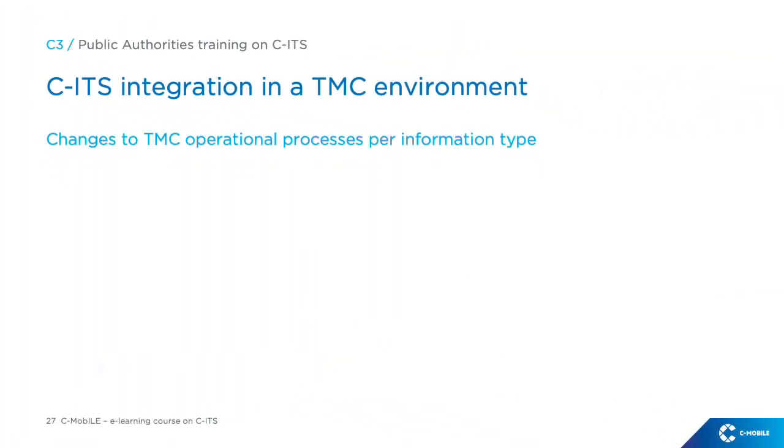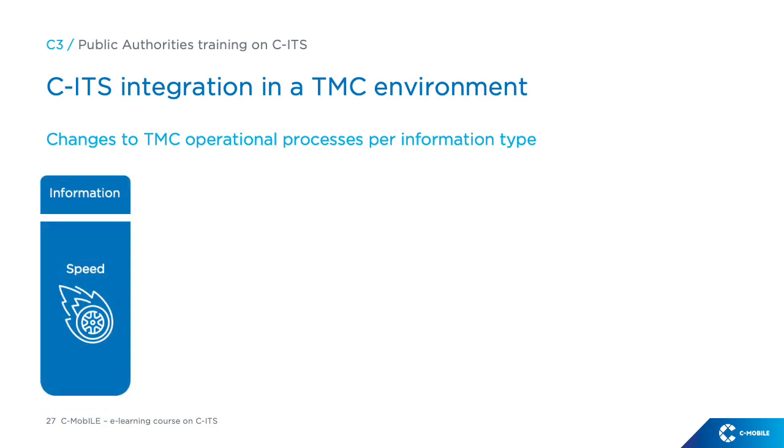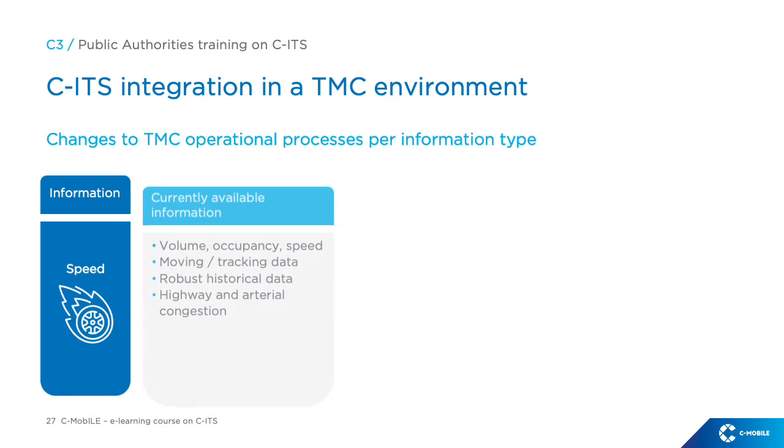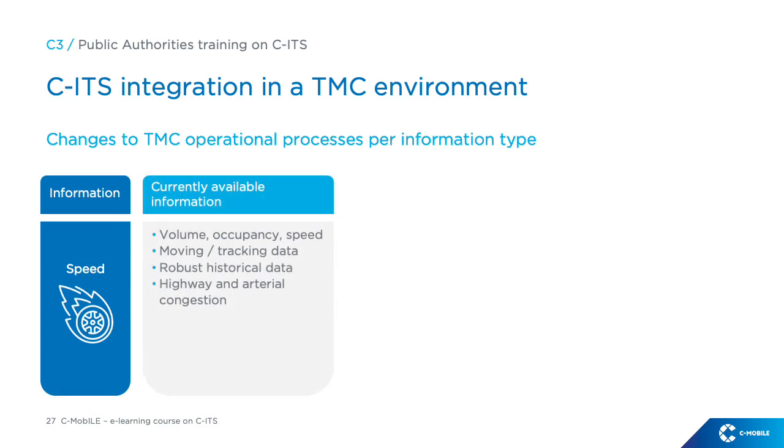The speed-related information currently available to traffic management centres includes the traffic volume, road occupancy and speed limits, video camera information at certain spot locations, lane by lane, traffic flow directions with limited movement and tracking information, robust historical data, and traffic congestion status on highways and main arterials.